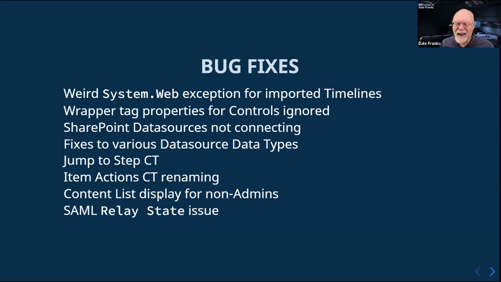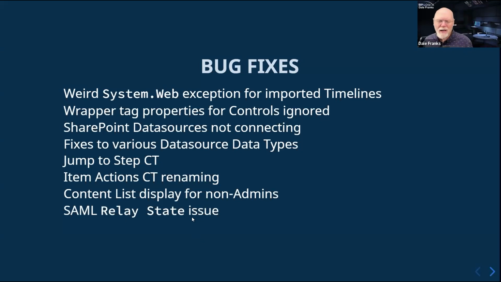A couple of other little errors. The content list was not displaying properly for non-admins when you just checked the content list box in a user's edit user page in IT admin. It simply wasn't showing them the content list the way it was supposed to. We fixed that. And a really rare issue is with SAML systems where you're doing this HTML thing to pass login data back and forth.